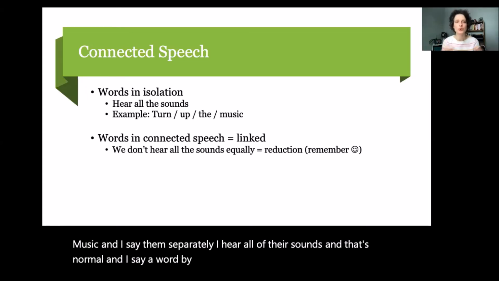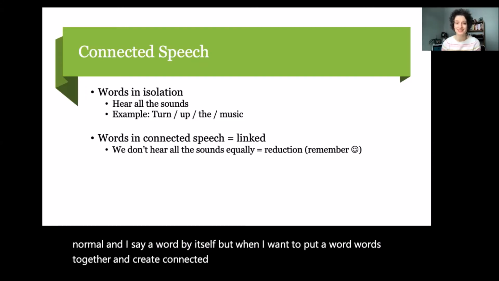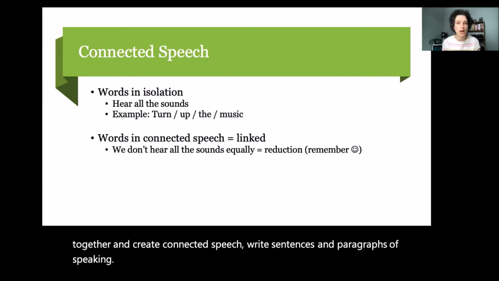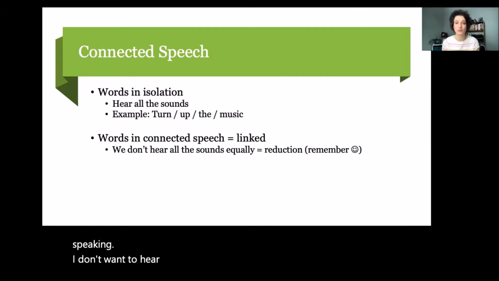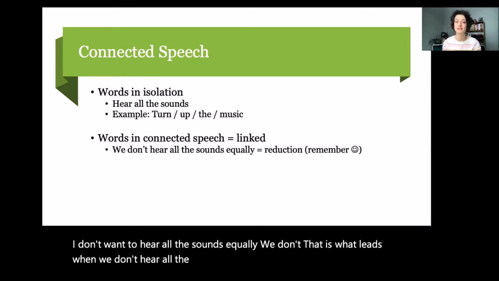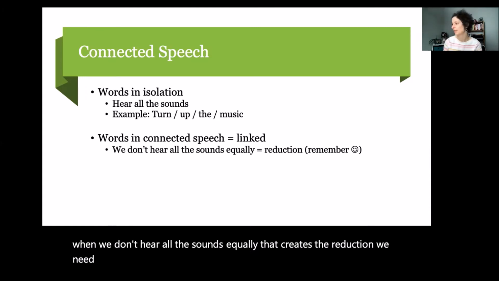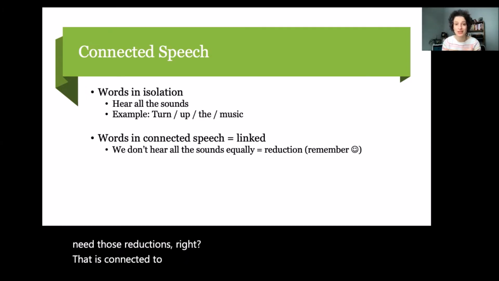But when I want to put words together and create connected speech, sentences and paragraphs of speaking, I don't want to hear all the sounds equally. When we don't hear all the sounds equally, that creates the reduction. We need those reductions, right? That is connected to the stressed, unstressed rhythm of English.